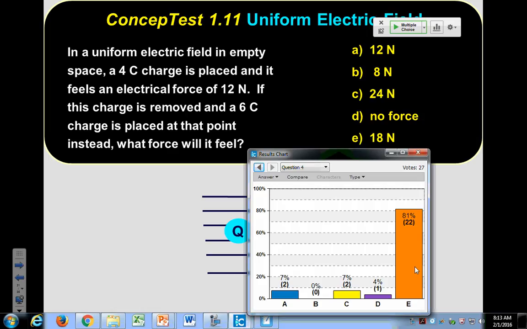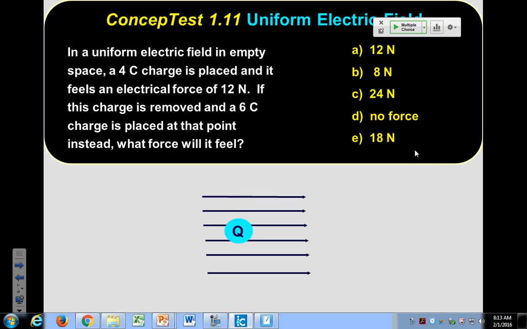All right, E is right. 18 newtons. You could do this a couple of different ways. You just look at it and say, well, 4 coulombs, 6 coulombs. 6 is 50% more than 4, so my force is going to be 50% more than 12. 50% of 12 is 6, so it's going to be 18. Another way that you could do this is you could say, F is equal to QE.